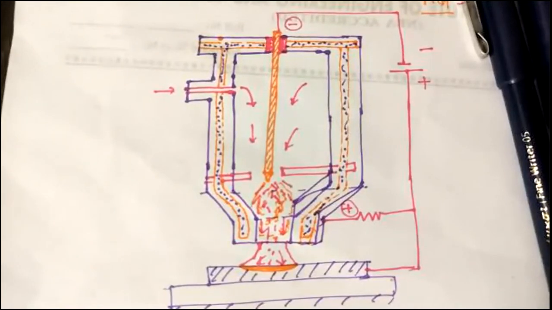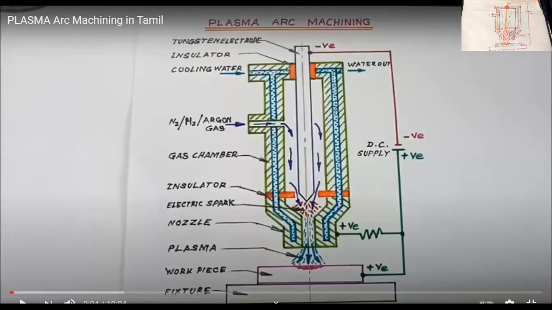Or else I'll be sharing one screen. There is another diagram there, the same diagram only, which you can just draw. Now I think it is visible in a better way.